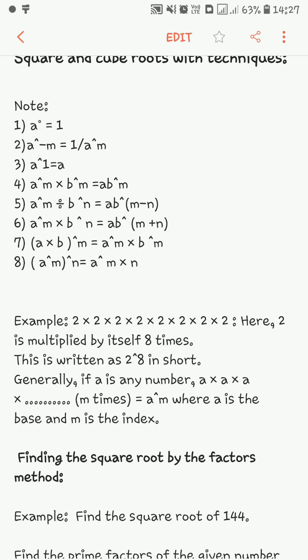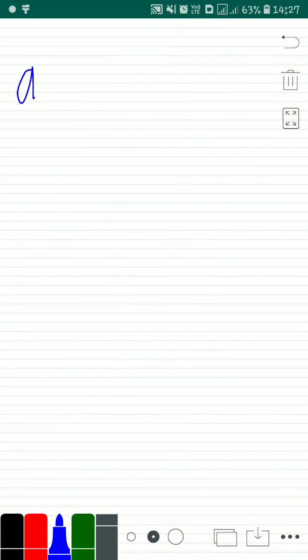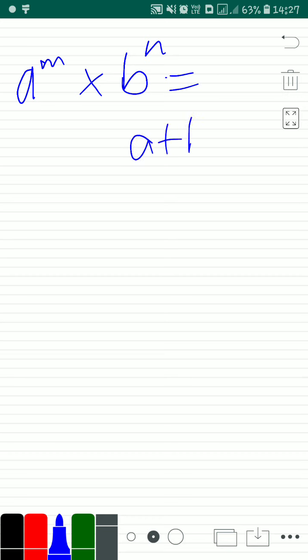Next is a raised to m into b raised to n is equal to ab raised to m plus n. So again the meaning here is the index m and n are different and a and b are also different numbers.